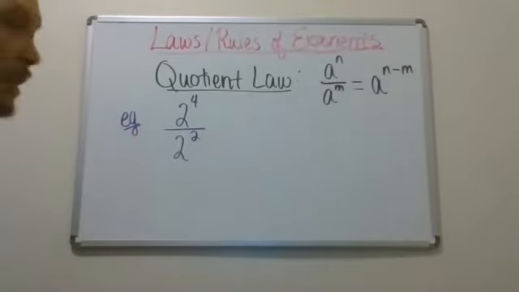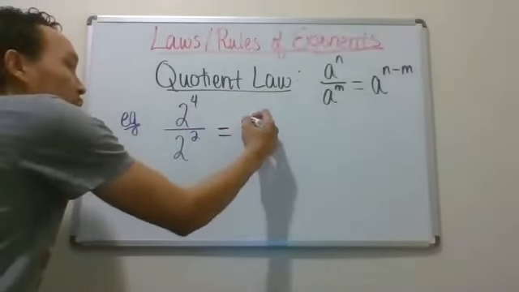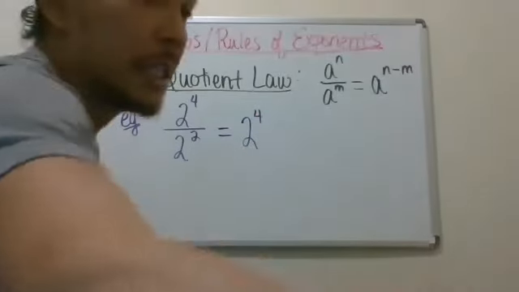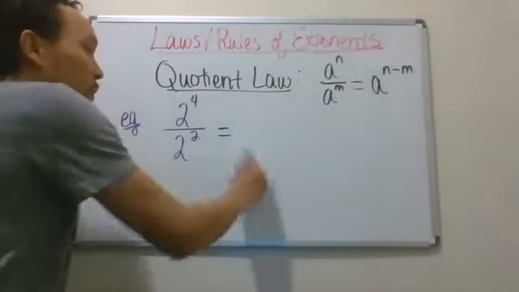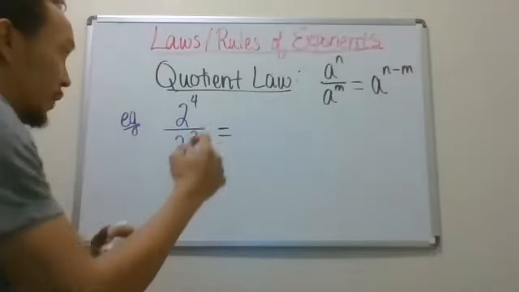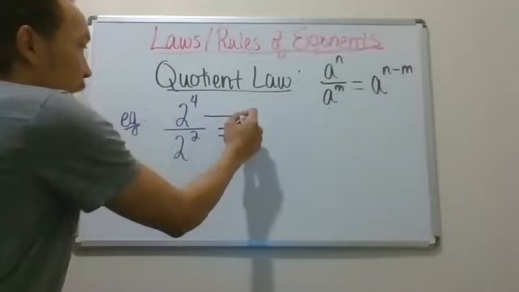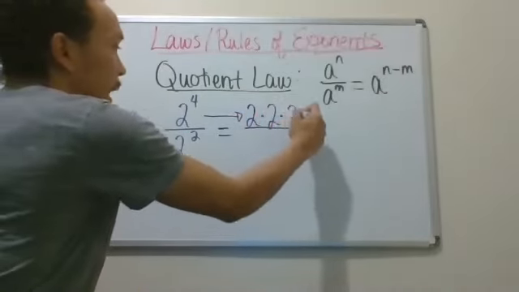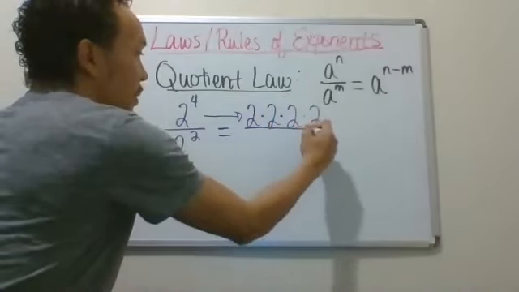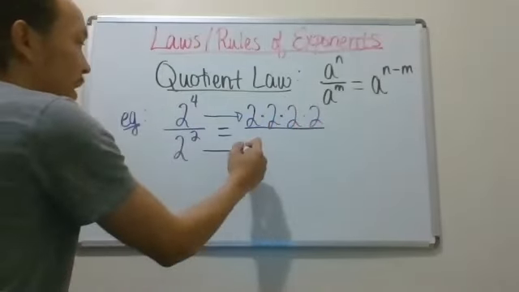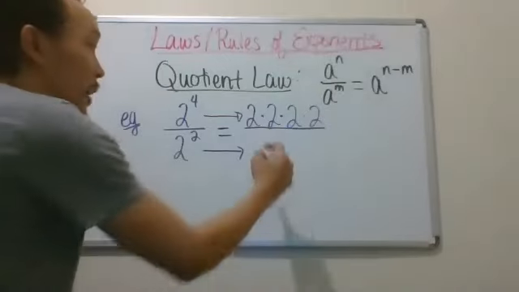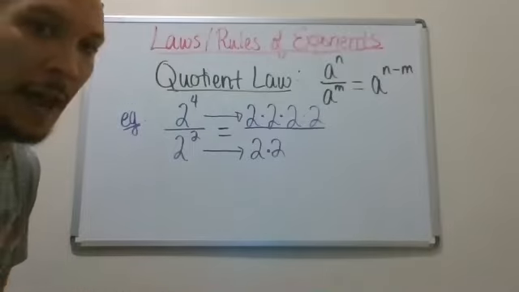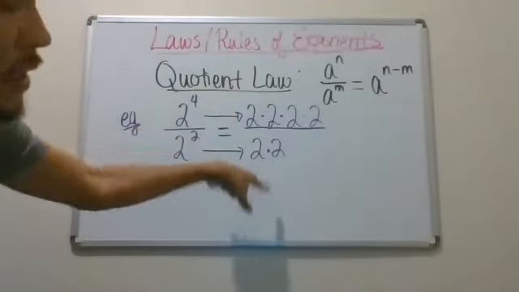Okay? This is going to be equal to 2 to the 4th. Let's actually do this in expanded form first so we can see how this works. So let's expand my numerator. That's going to be equal to 2 times 2 times 2 times 2. And after we expand my denominator, we end up with 2 times 2. And now we're going to simplify this fraction.